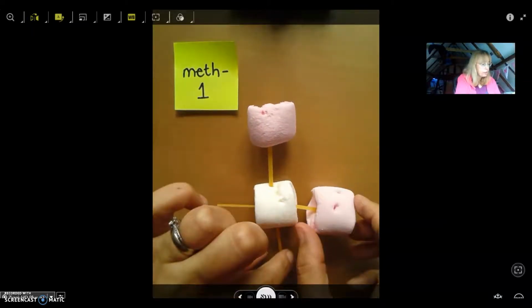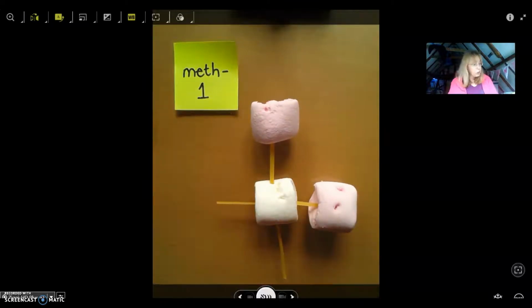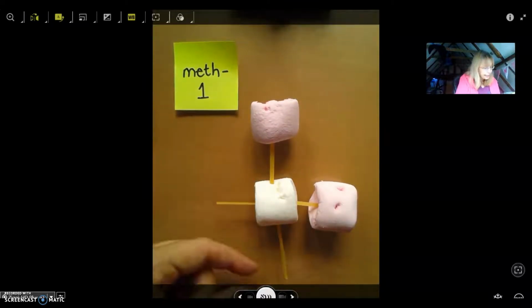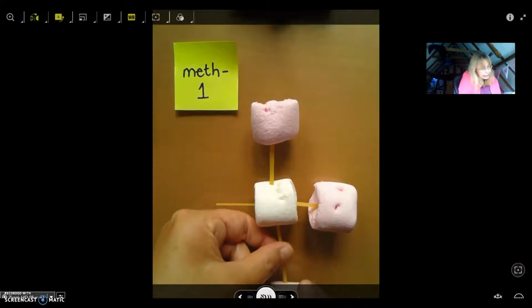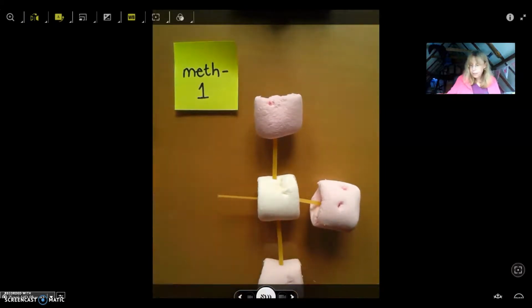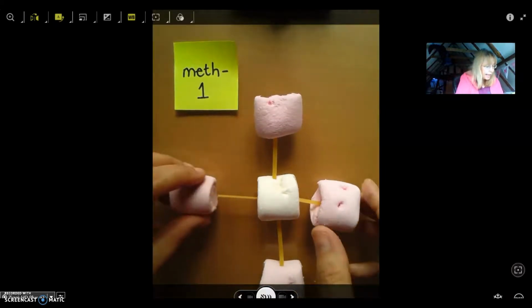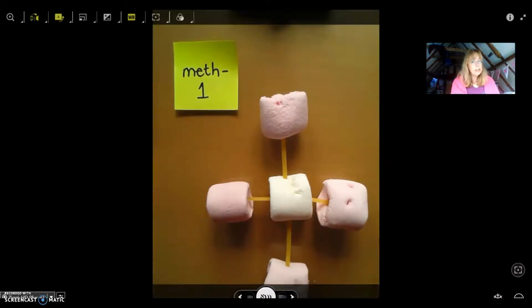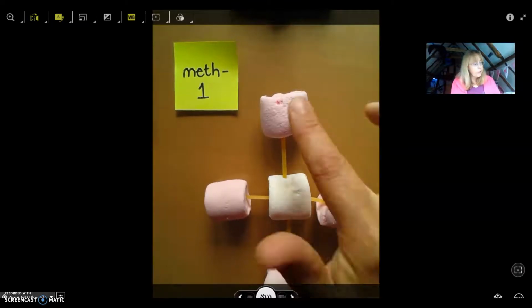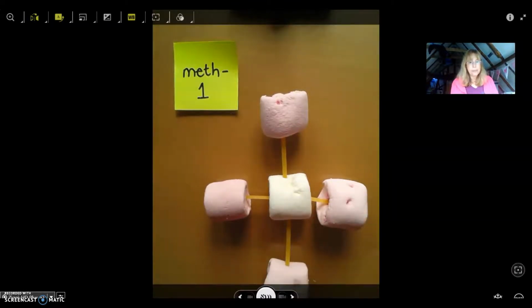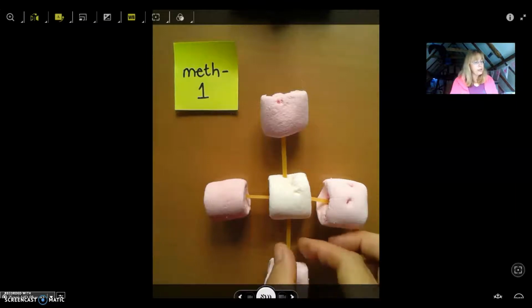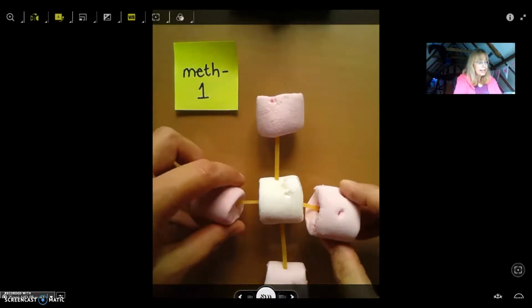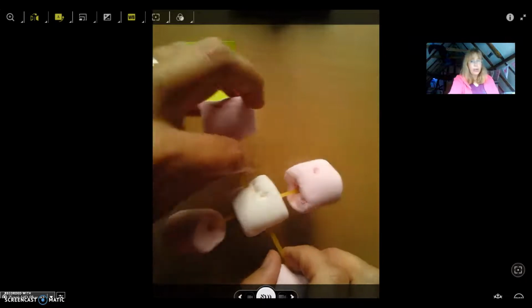Some of these do have holes in them because my kids were building the tallest tower out of spaghetti and marshmallows this week. 3 and 4. So that is what methane looks like. It has 1 carbon atom and 4 hydrogen atoms. So let's go back to our table and let's see how we draw that.